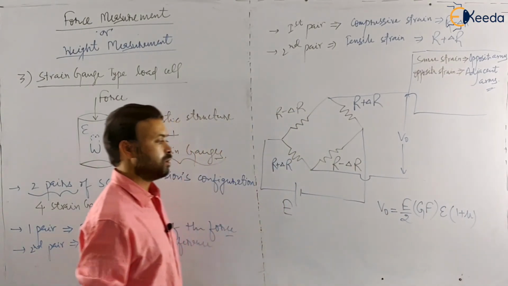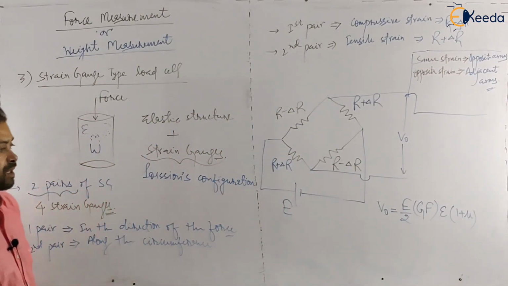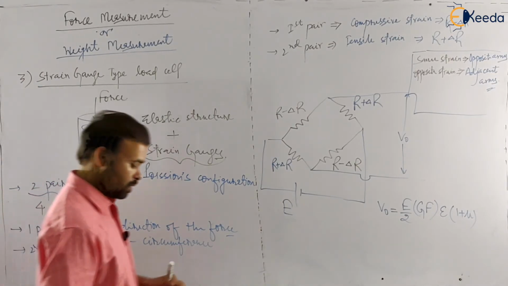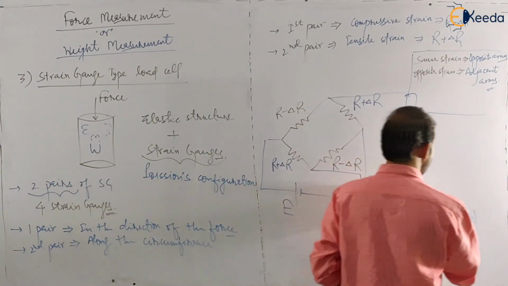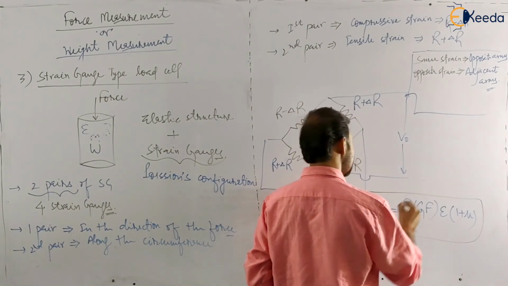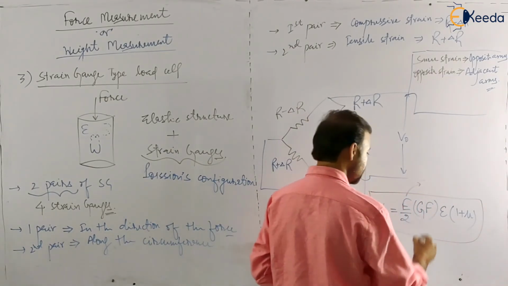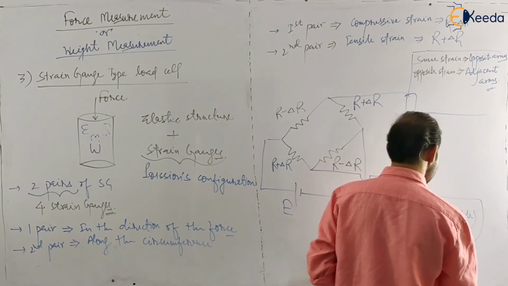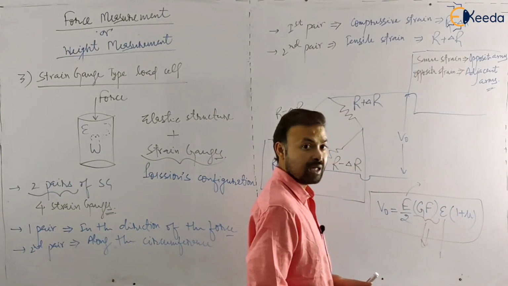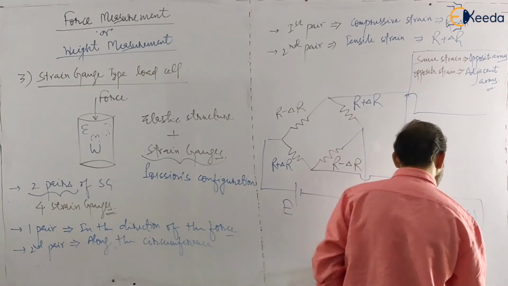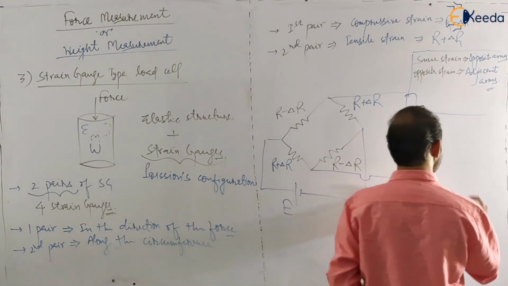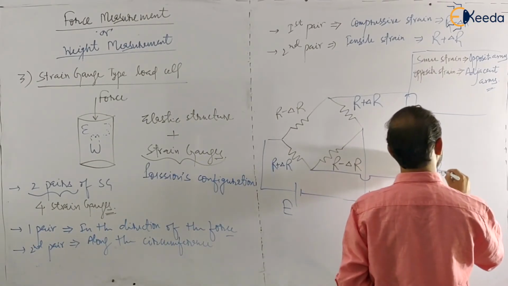Where all the terms are clear: E is the excitation voltage, Gf means gauge factor, epsilon means the strain produced by the force, and mu is the Poisson's ratio.